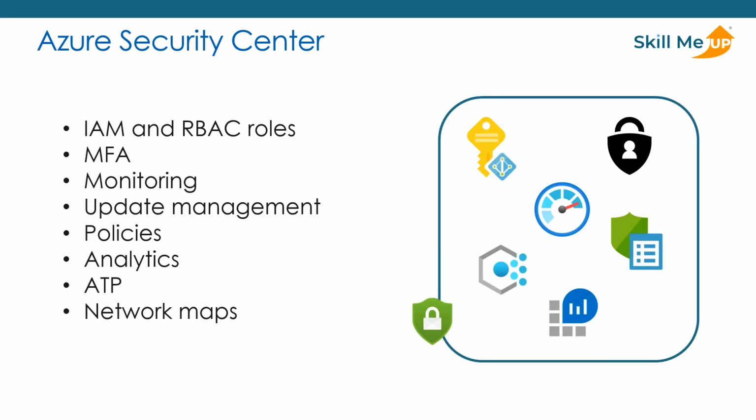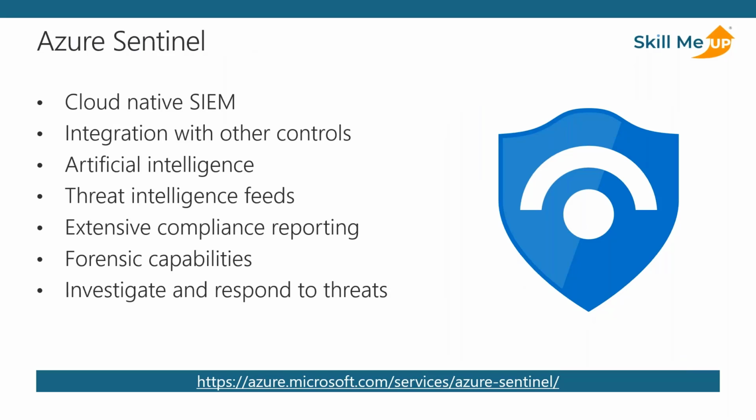The network maps are very helpful to understand where you might have ports open on virtual machines and things like that. And then to take it a step further now, we'll talk about Azure Sentinel. And many organizations have put into play those security information and event management systems, or SIEM systems.